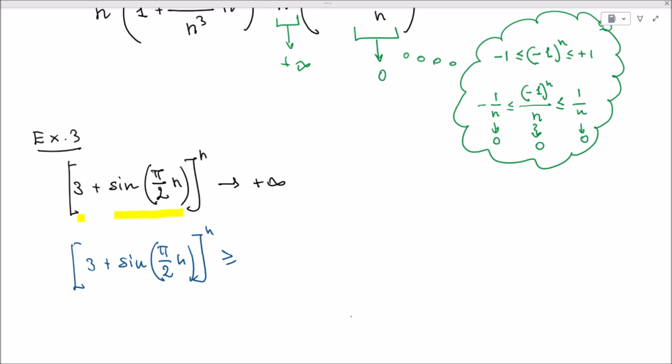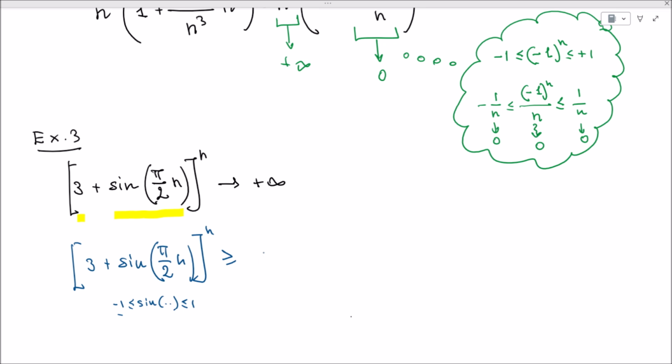We know that the sine is always something between minus 1 and 1. So to create something which is smaller than this, we would take minus 1 here.